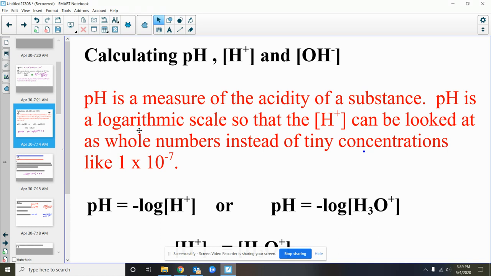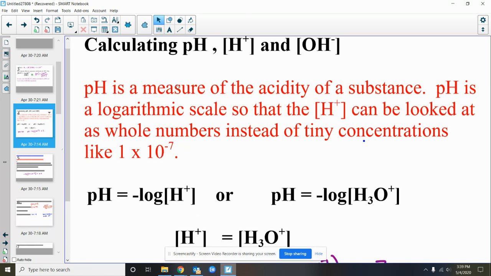A logarithmic scale is nice because it turns those super tiny numbers into nice whole numbers, because again, those concentrations are very, very small. 1 times 10 to the negative 7th is a pretty small number. So whoever invented the pH scale said, hey, let's do a log scale. It'll have nice whole numbers that we can talk about instead of trying to keep up with 1 times 10 to the negative 7th, just a very small number.